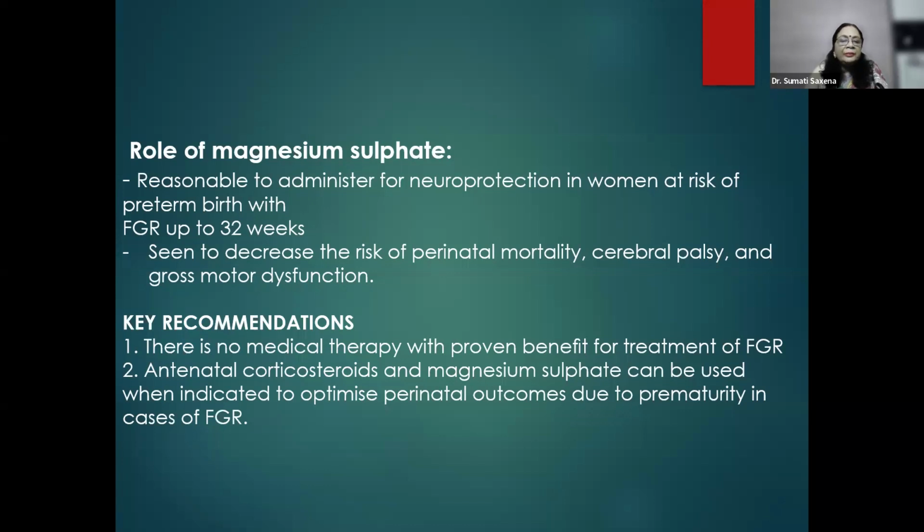So the key recommendation is: there is no medical therapy with proven benefit to treat FGR, but antenatal corticosteroid and magnesium sulfate can be used where indicated to optimize perinatal outcome due to prematurity in cases of fetal growth restriction.